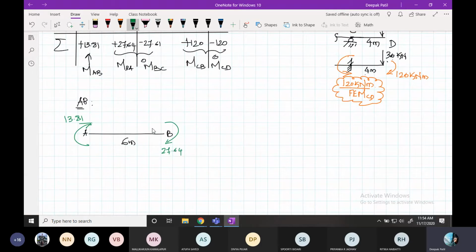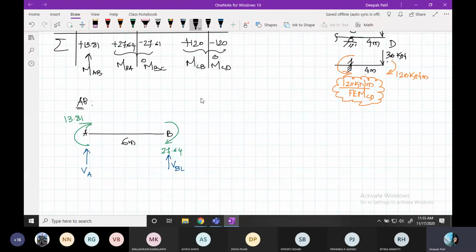No loading is there on span AB, so I will not worry about that. Then I will mark the shear forces. That is the assumption. Let me call this VA upwards, and this VBL, that also is upwards. So no loading is there.